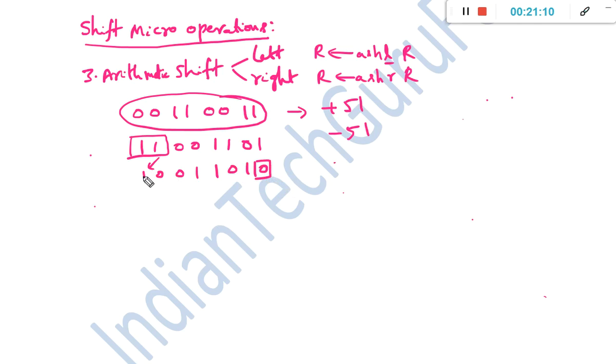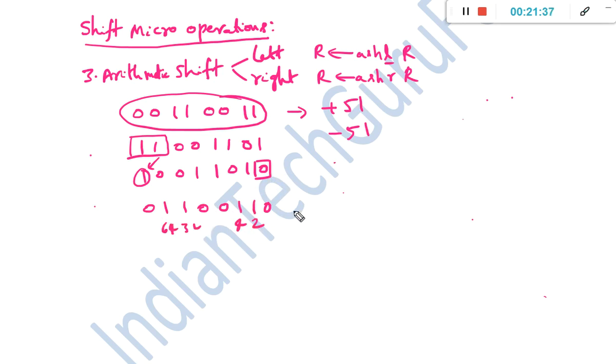However, because it is a negative number, the result will be in 2's complement representation. To find out the magnitude, once again I need to change it into 2's complement. So 0 1, this is the first one encountered, so exchange: 1 0 0 1 1 0. So this is the magnitude value. 1 2 4 8 16 32 64.